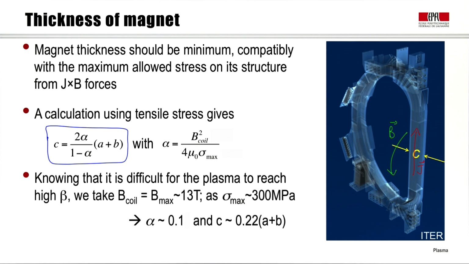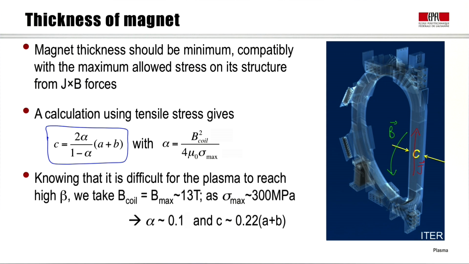The pressure for the plasma would be easier to have high enough without violating stability limits, for example, because that would correspond to large values of beta. So we take the maximum field of the coil that we can have in order for the coil to remain superconducting. As we said before, that's about 13 Tesla, at least in the magnets that we can consider today.